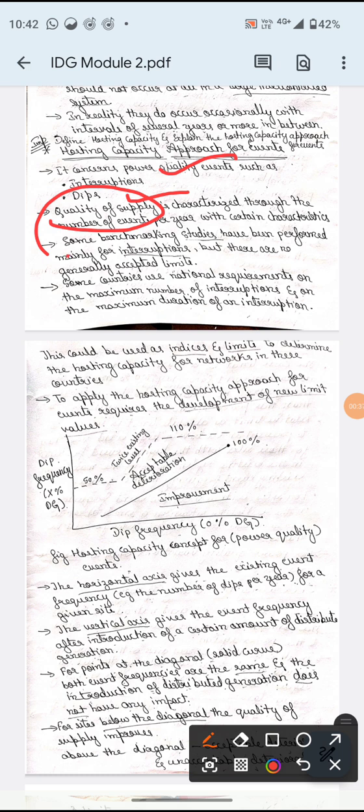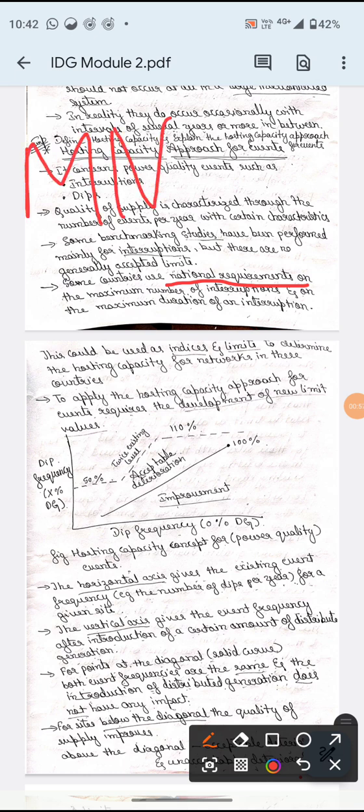Some benchmarking studies have been performed mainly for interruption, but there are no acceptable limits.